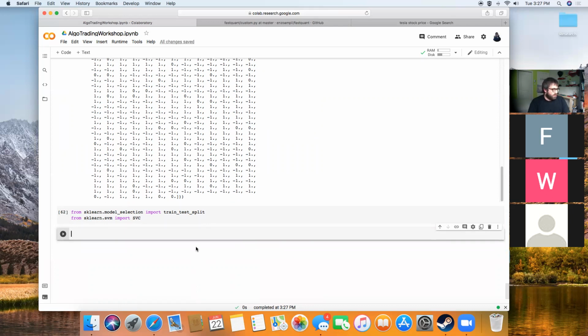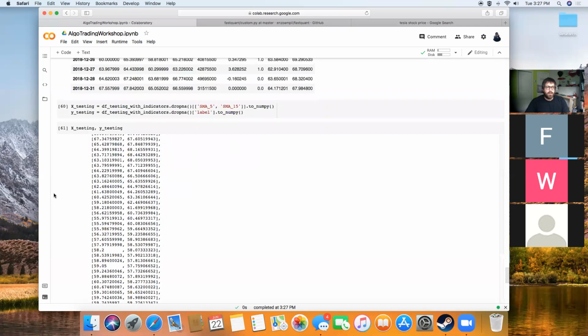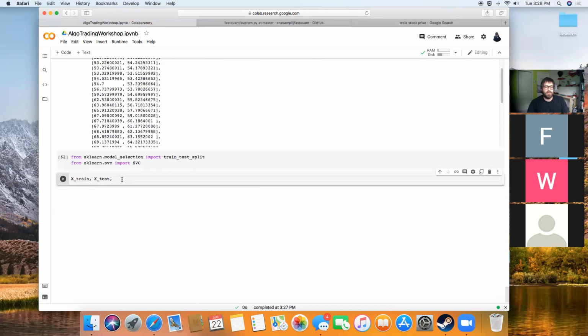So now I'm going to use the train test split function to split the data. This function will return 4 things. I already called my data X testing, which wasn't a very good name, because here we'll use X test.